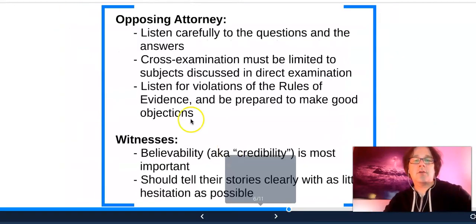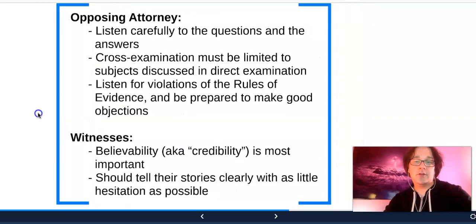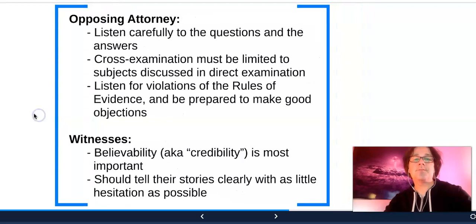Okay, so what the opposing attorney should be doing during cross-examination is listen very carefully to the questions that are being asked. Cross-examination is what the opposing attorney is going to do after direct examination is done. Cross-examination must be limited to the subjects that were discussed in direct examination.